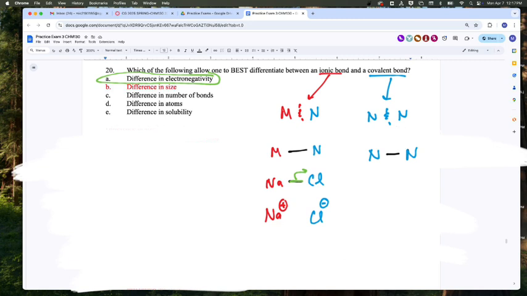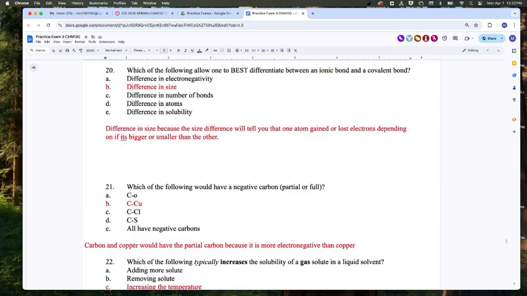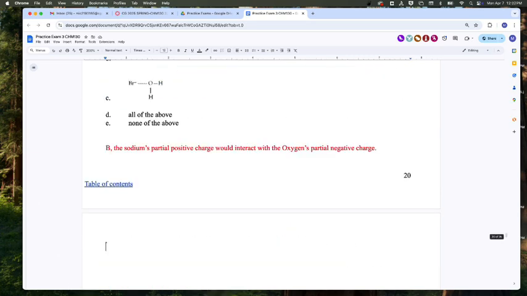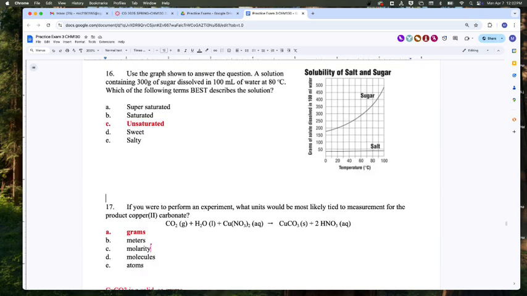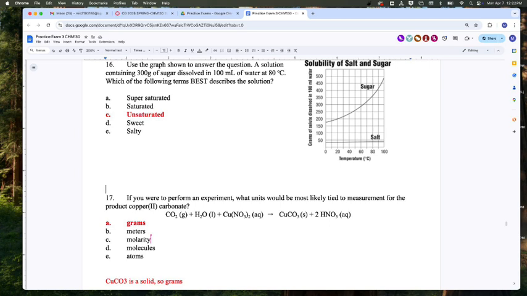Solubility becomes a gray one because we can dissolve salts in water. In fact, for this counterexample, we can actually push to a plot we already looked at. There it is. We can dissolve salt in water. Salt dissolves in water a lot.